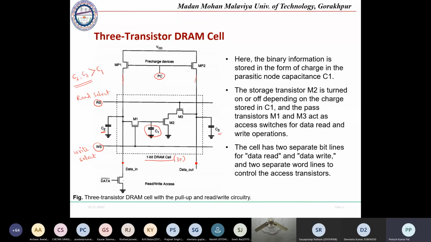So the charging and discharging of these two should be slow, so that the data does not change frequently at these two nodes.